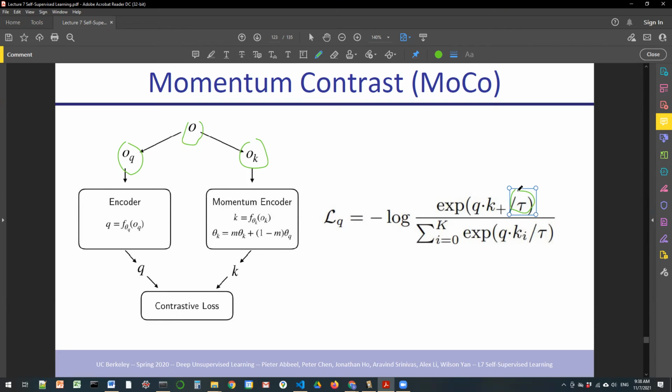Again, there's some discussion that you can check online of what a temperature does with respect to softmax, but provided you choose the right temperature and you do these augmentations correctly, then we begin to see good results in taking this kind of an approach.